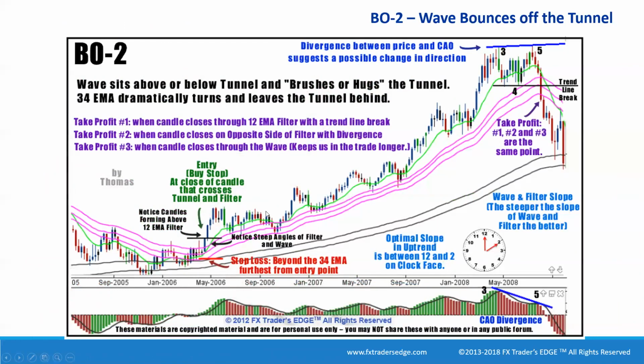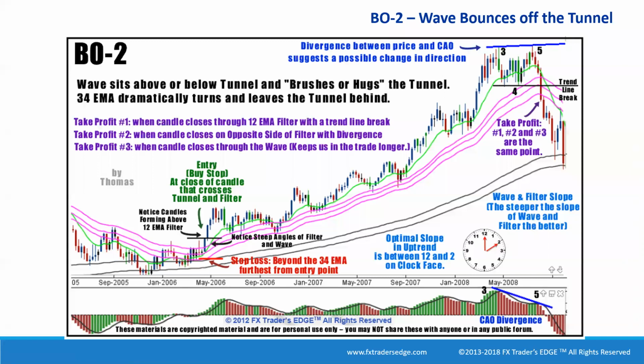The breakout 2 is when the wave sits above the tunnel, in this case it hugs the tunnel, and then the 34 EMA dramatically turns and leaves the tunnel behind. So the question is, is it one of the requirements for price to touch the tunnel?